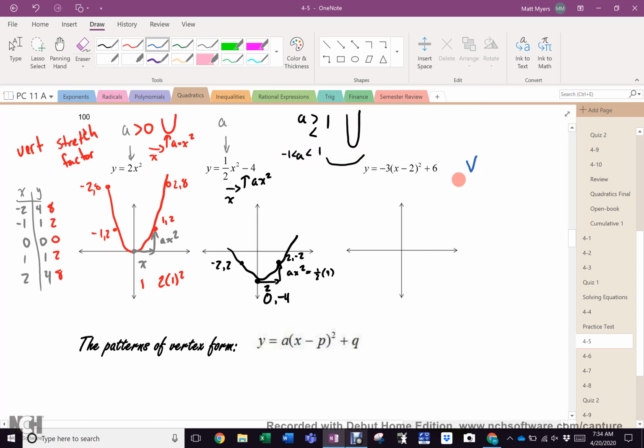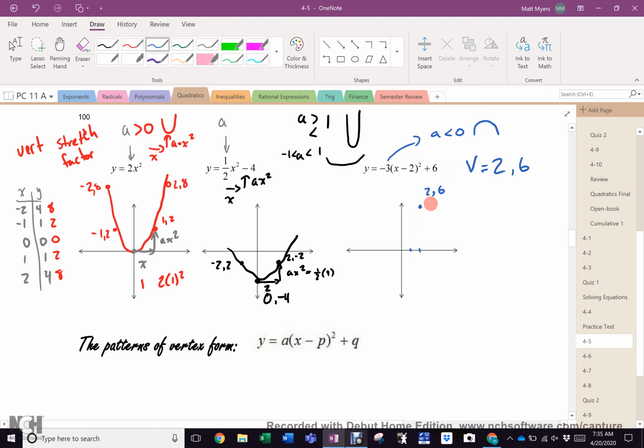So you should all be able to graph this in your sleep by just looking at it. What's our vertex? Well, negative 2. Oh, but it's opposite. So our vertex is 2 and 6. So over 2, and up 6. So there's my vertex, 2, 6. Oh, it's negative. So since A is less than 0, it's going to be this kind of parabola. So I'm going to go down.